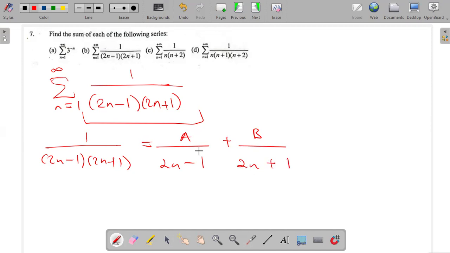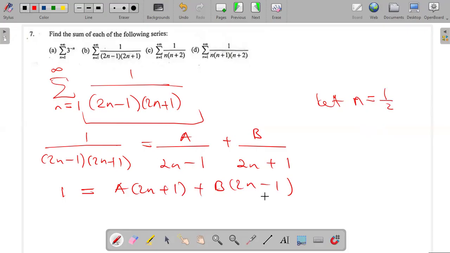Right. So now, this one is so easy. Now I can cross multiply. So 1 is going to be equal to A(2n plus 1) plus B(2n minus 1). I can simplify it first. How? Let my n be equal to half, such that I get 1 there.